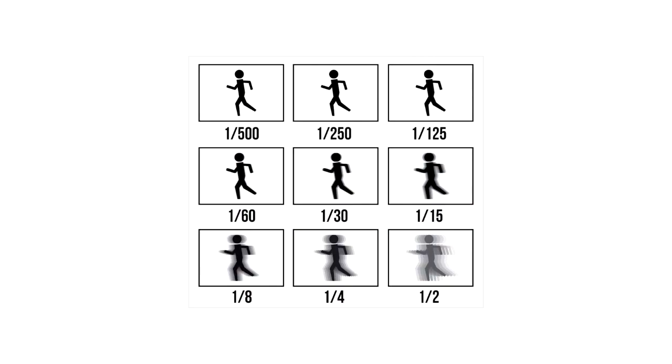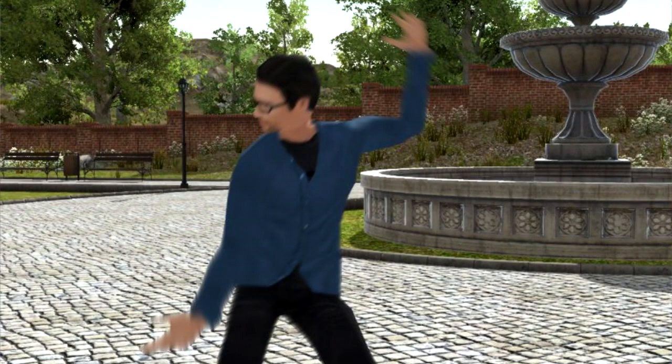Now, shutter speed can be used as an artistic effect. For example, a slow shutter speed blurs something, whereas a fast shutter speed freezes something. If we have a look at this dancer, and we use a slow shutter speed, we can see that his dance movements have become a blur.